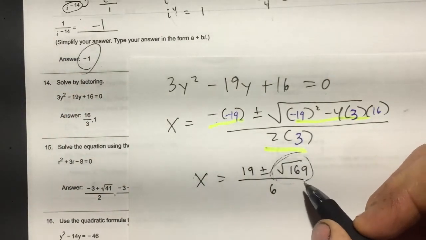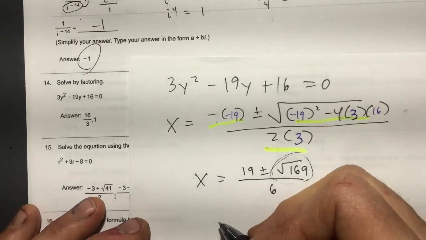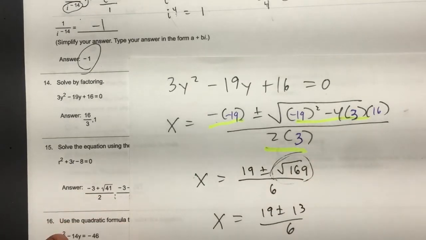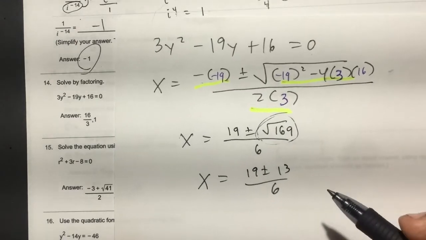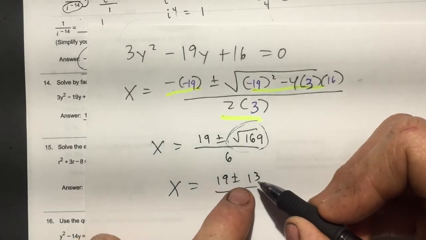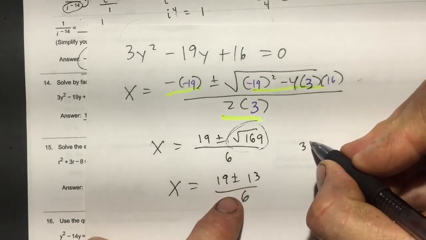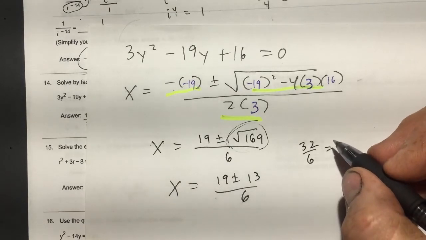Now the square root of 169, punch that in, see if it's a perfect square, and it is. It's 13. So this is 19 plus or minus 13 divided by 6. So 19 plus 13 would be 32. 32 divided by 6.